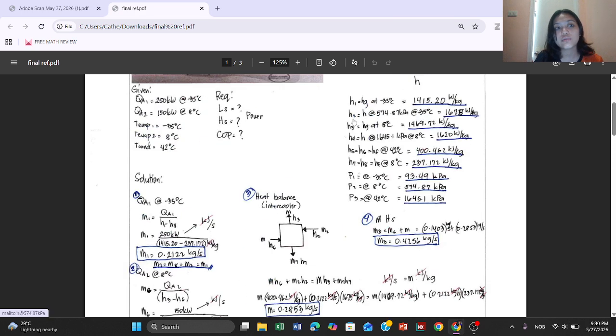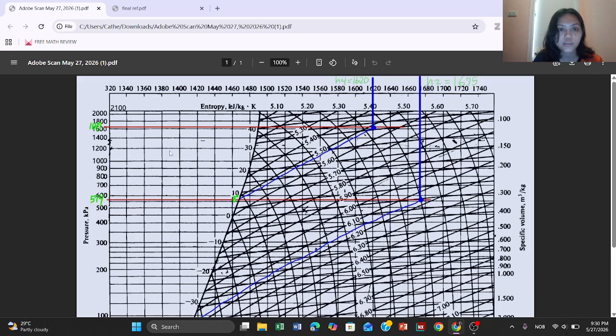For us to be able to get the value of H2, we need the pressure, which is 574.87 kilopascal, with a temperature at negative 35 degrees Celsius. So let's plot it into the pH chart.